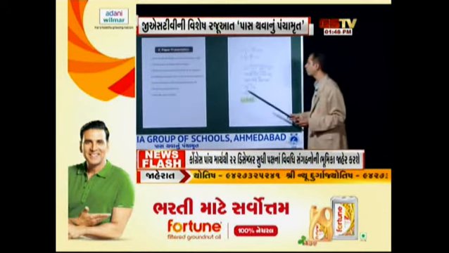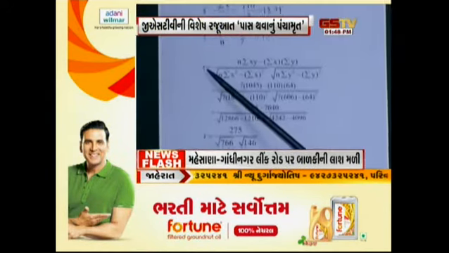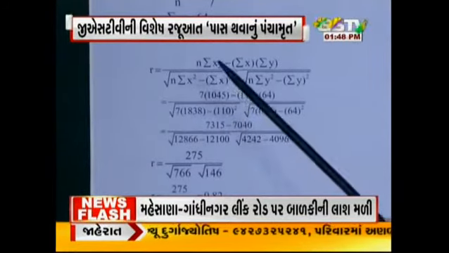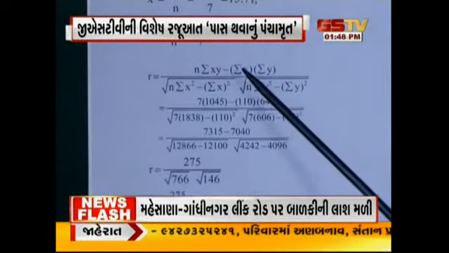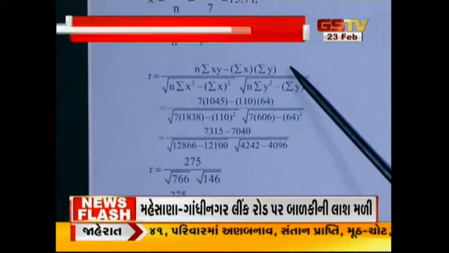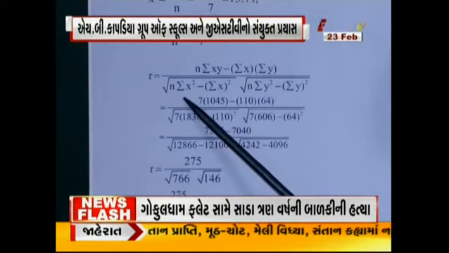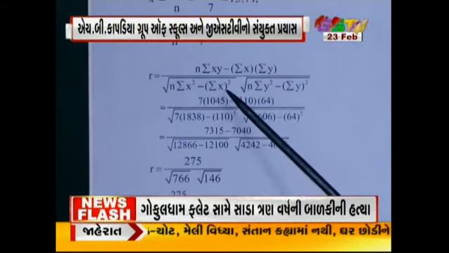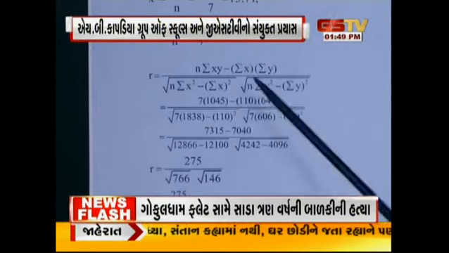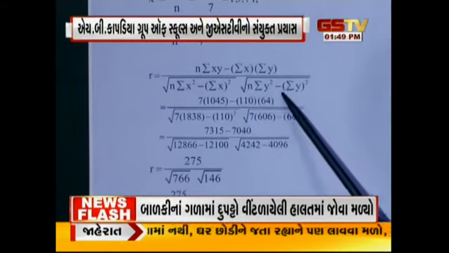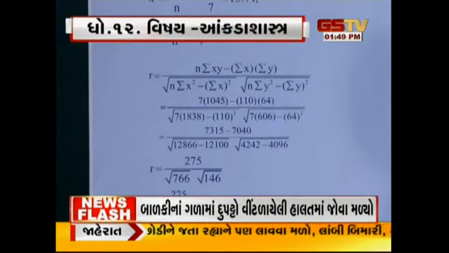Now we have to put in the formula of r. So here the value of r is equal to n sigma xy minus sigma x into sigma y, whole upon under root n sigma x square minus sigma x whole square into n sigma y square minus sigma y whole square.